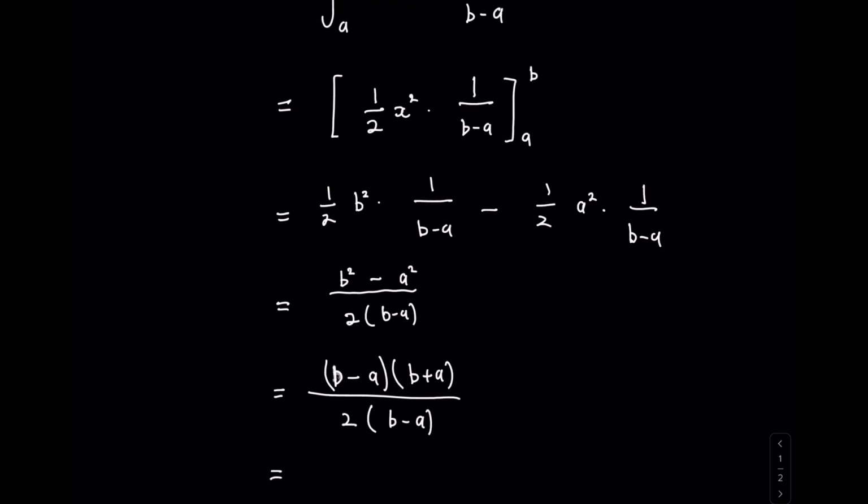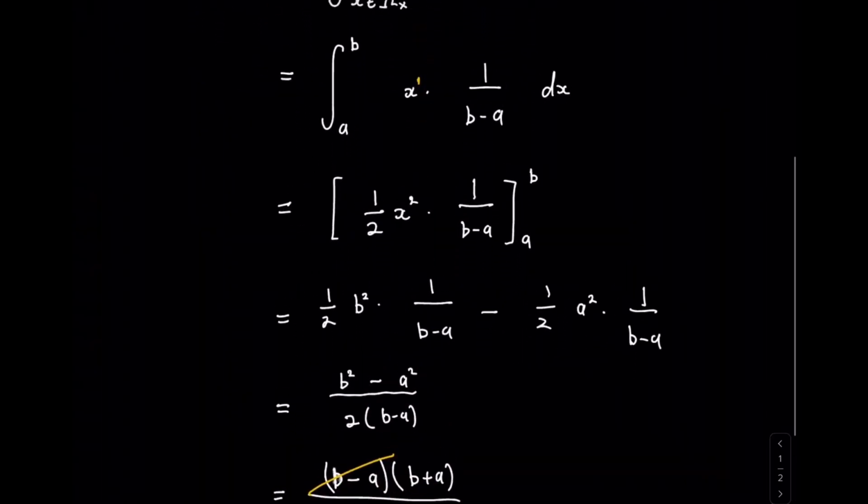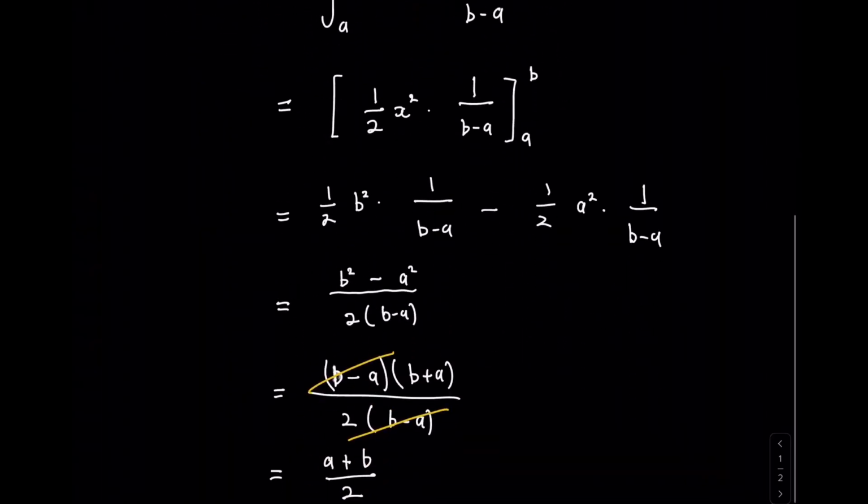And then that can simplify, because we can cancel out the b minus a on top and the b minus a on the bottom, because they're non-zero, since b and a are not the same. Then we can simply rewrite this as a plus b on 2. And so there is your expression for the expected value of x.